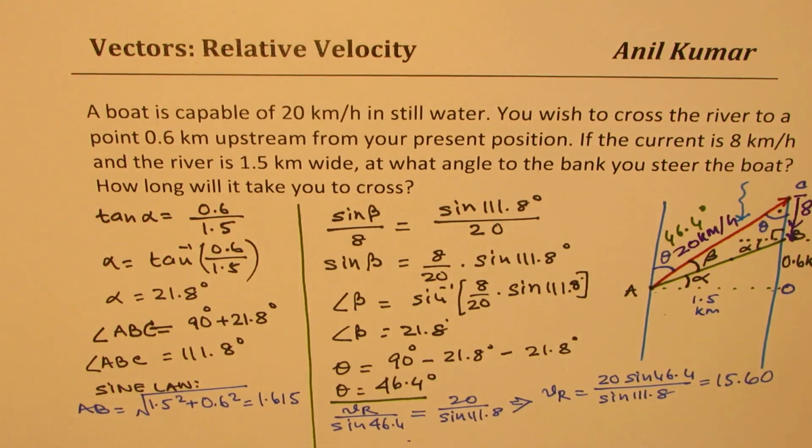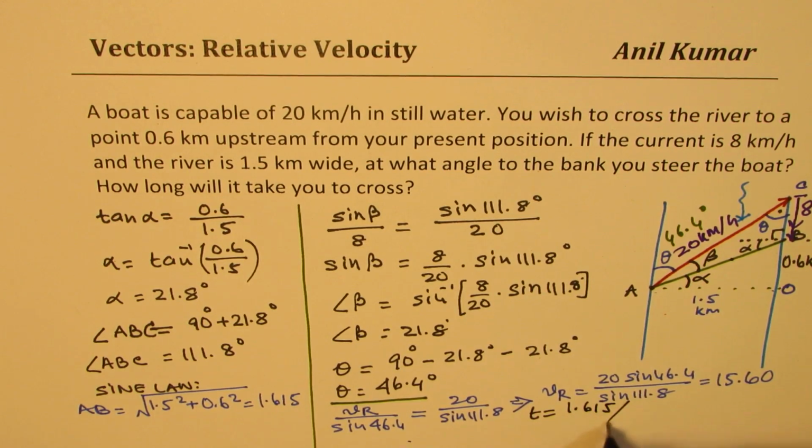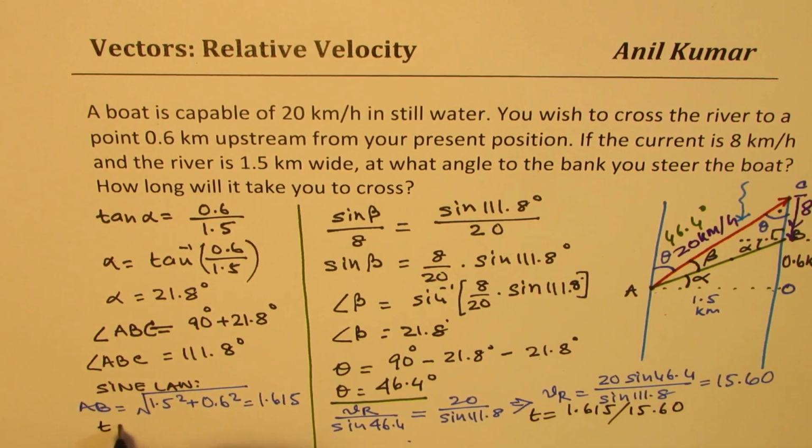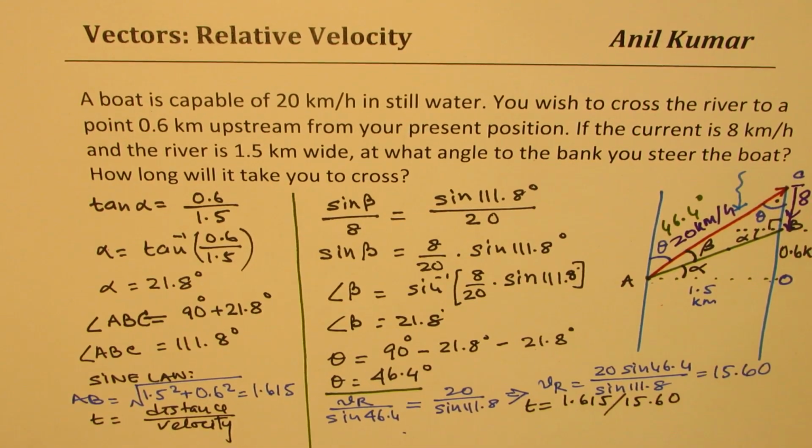So what is the time? So we know time t will be equal to 1.615 divided by 15.60, since time is equal to distance over velocity, right? So we are writing this. Okay, let me push the page a bit.